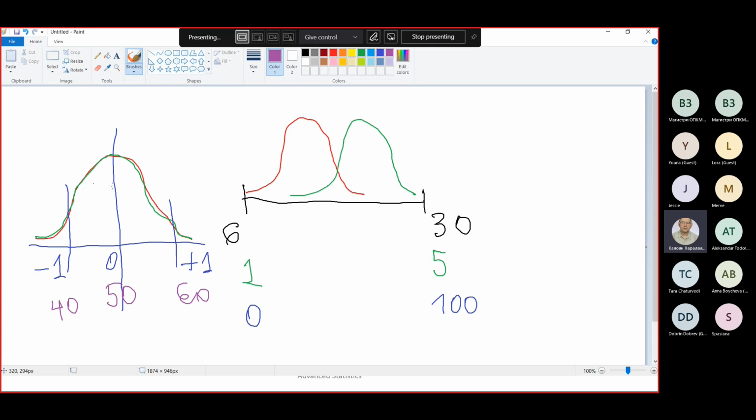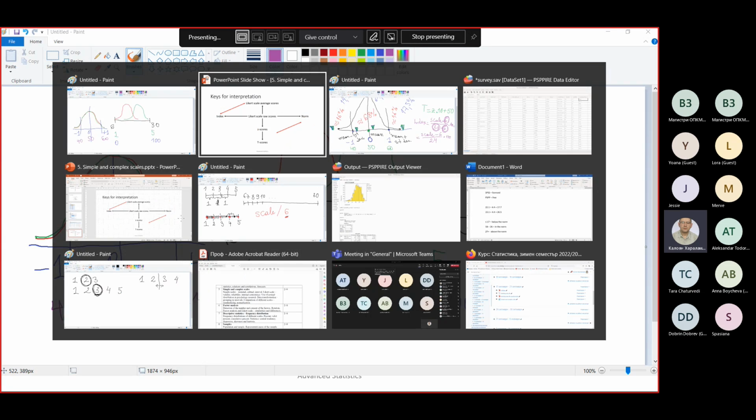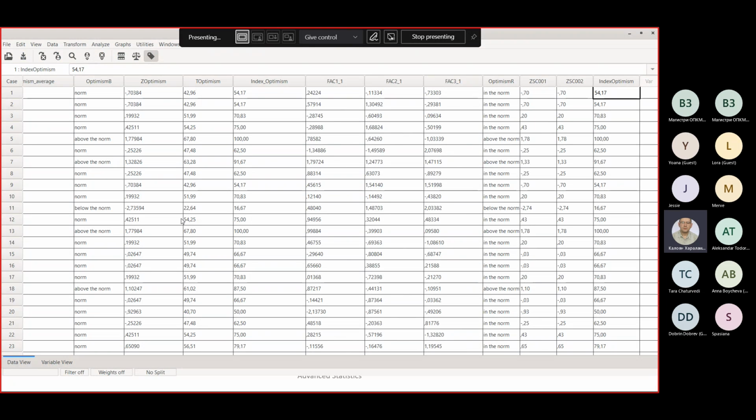But the two distributions become equal. So we cannot use these transformations for the comparative analysis. But the advantage is that these numbers show the norm.